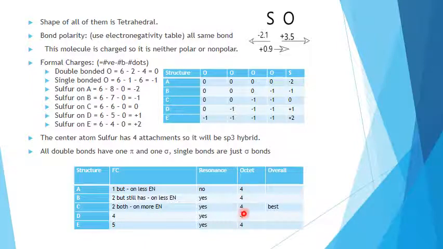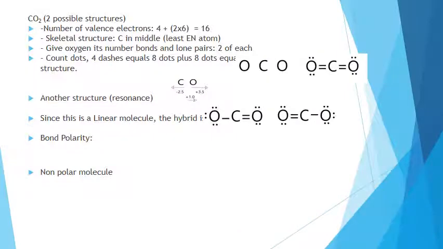So C is your best structure because it has resonance, has octets like everybody else, but the best thing about it is it has the least number of formal charges combined with where it puts the formal charge. So it took a little bit of thinking about how to do it.